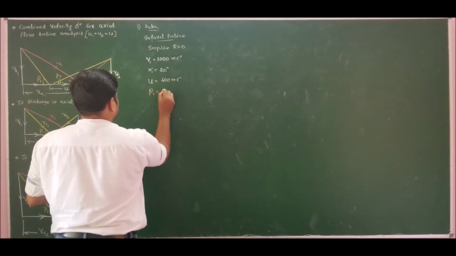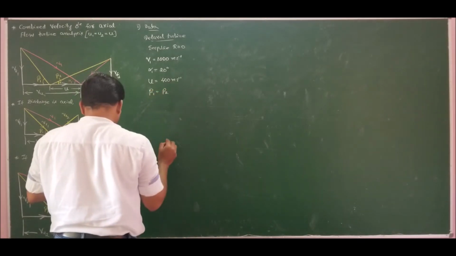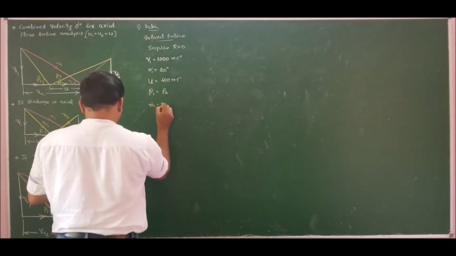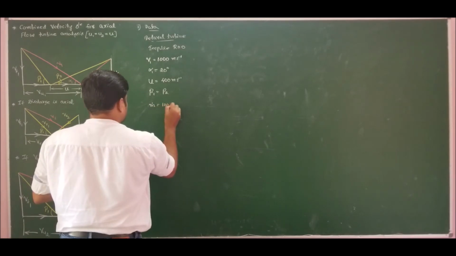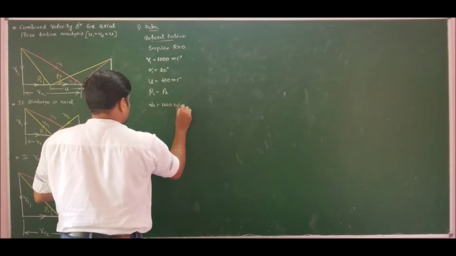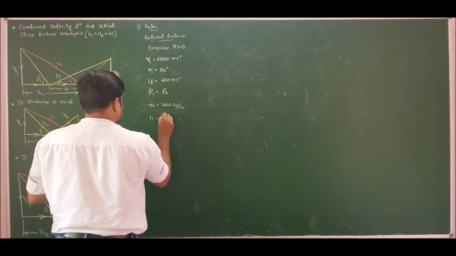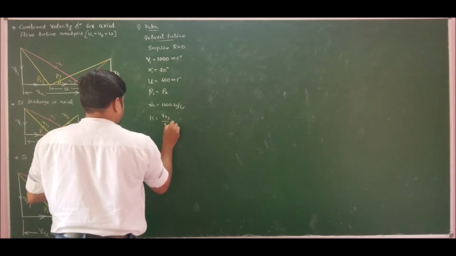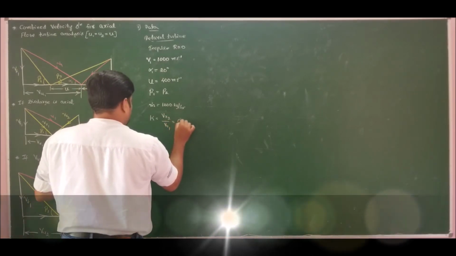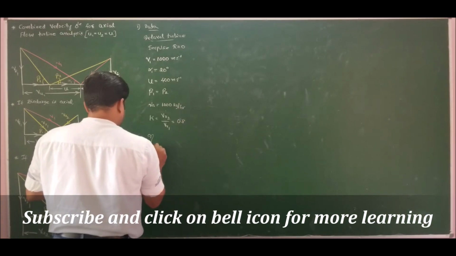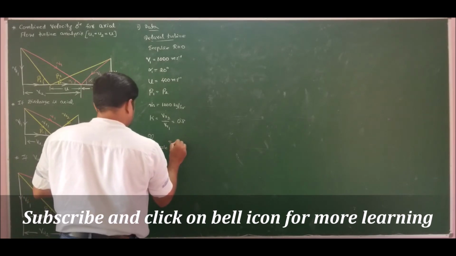Since blades are equiangular, beta 1 is equal to beta 2. The mass flow rate is given as 1000 kg per hour, and the friction coefficient K, that is VR2 by VR1, is equal to 0.8, and the nozzle efficiency is 0.95.